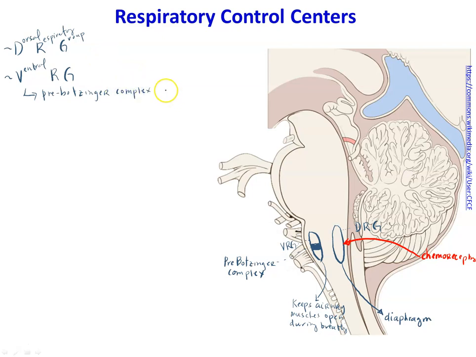And in here contains spontaneously firing neurons. What does that mean? We have a pacemaker. We have another pacemaker here. Oh my God, I'm getting chicken skin. Or you folks call it goosebumps. Okay, so pacemaker for respiratory rhythm.